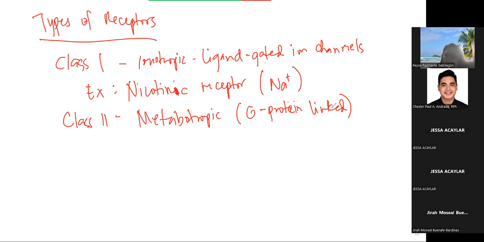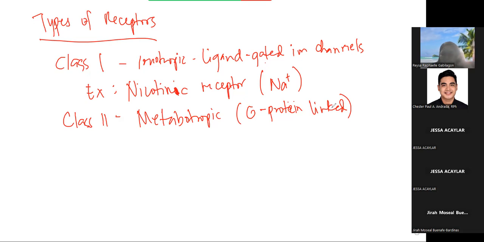So examples of this G protein, we have GS, GI, and GQ. So like sa GS, if the G protein is being activated by a certain class 2 receptor, then the enzyme that is also activated using the G protein is the adenylyl cyclase.